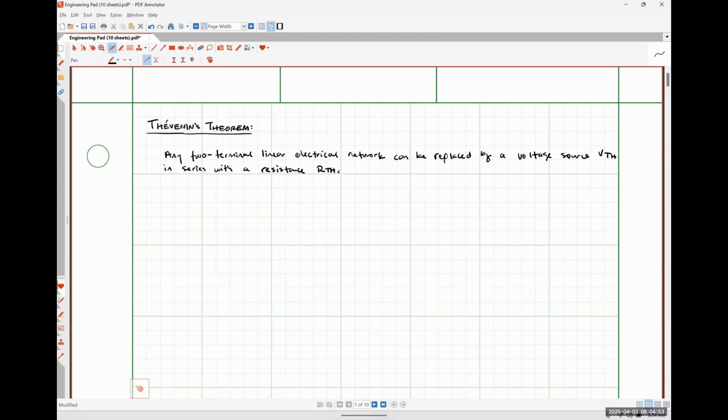Okay. Here in a moment, I'm going to define what the rules are for what the voltage VTH will be and what the resistance RTH will be.